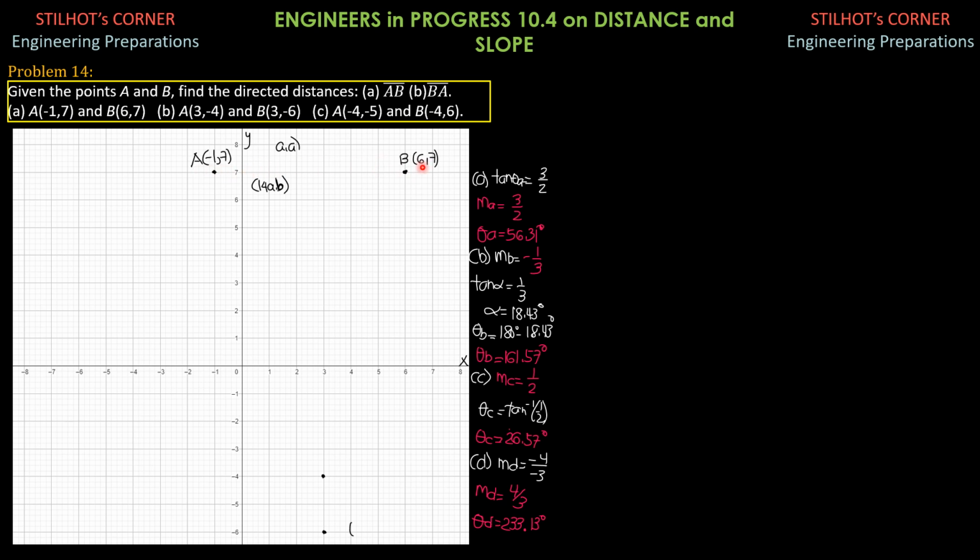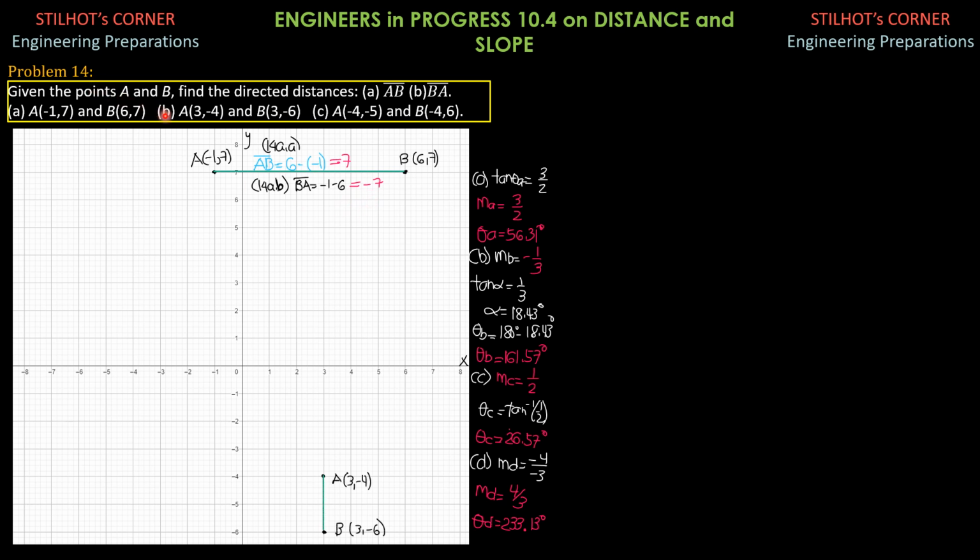And it is AB, so 6 minus negative 1. Of course, 7 minus 7 is 0. That's for the vertical movement. So AB is 6 minus negative 1, because it is AB, so x coordinate of B minus x coordinate of A. So 6 minus quantity negative 1 is positive 7, while BA is negative 1 minus 6 is negative 7.